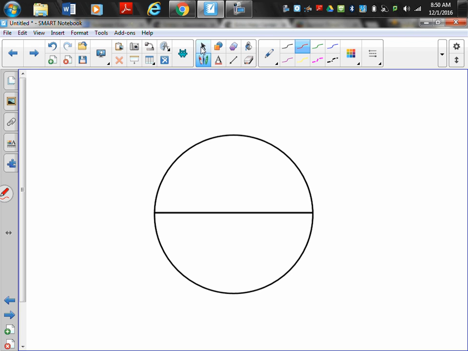Ronald, what's it called when the line goes all the way across the circle? Diameter. Diameter, very good. Diameter goes all the way across.